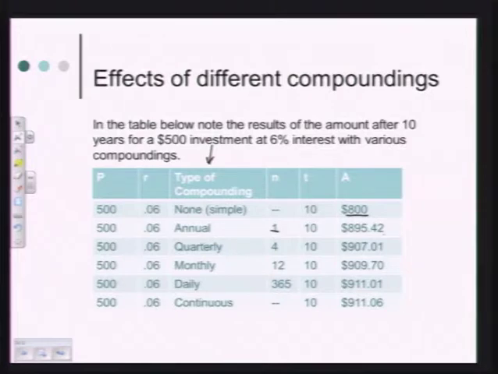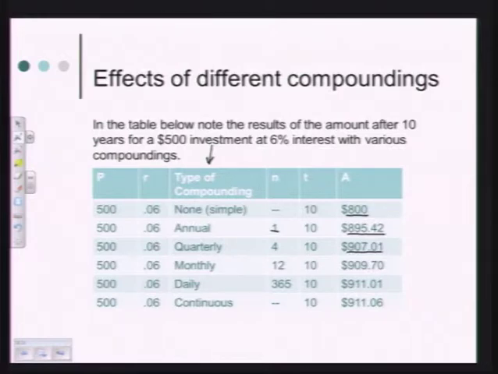Bob's amount increased to $895.42. And so Bob said, whoa, wait a minute. I want to have this compounded 4 times a year. And when he did that, his investment grew to $907.01. He picked up roughly $8 with that compounding.